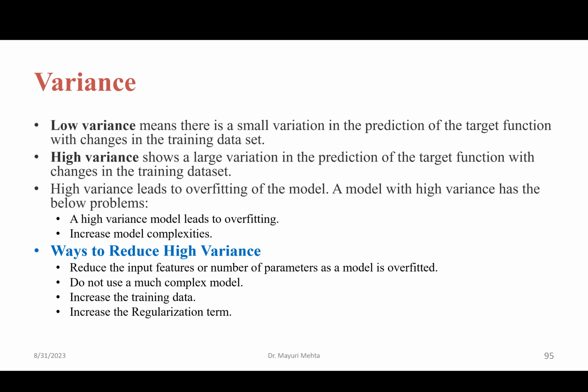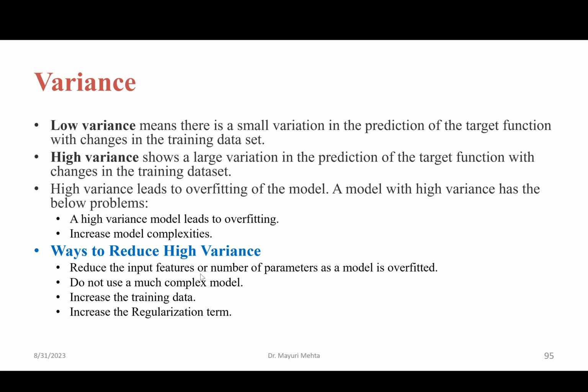Fine. Moreover, how can we reduce high variance? We do not use a very complex model. It is again the reverse of the way we discussed to reduce the high bias. Moreover, we can increase the training data and increase the regularization term. So these are the different ways to reduce the high variance.